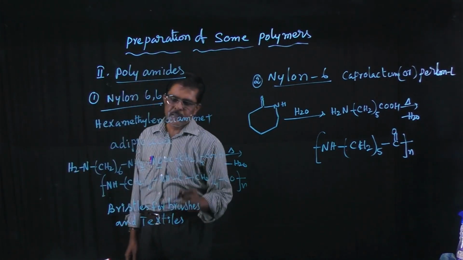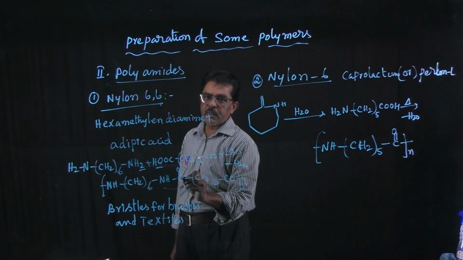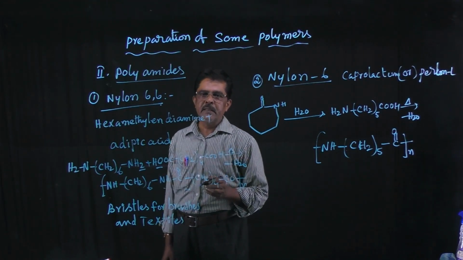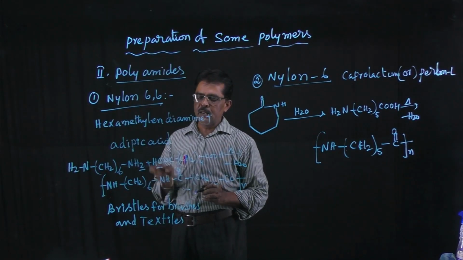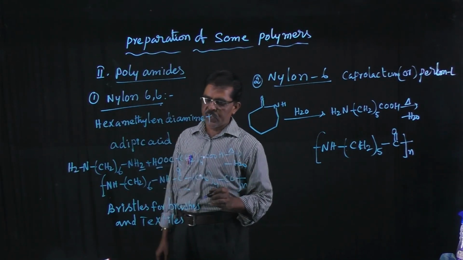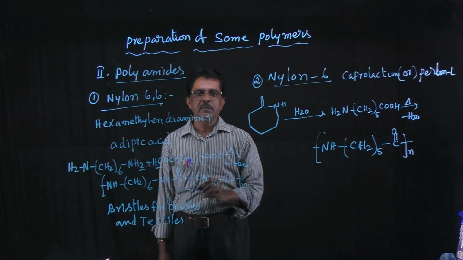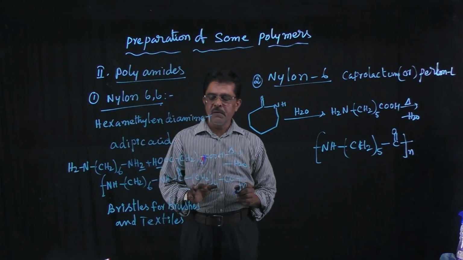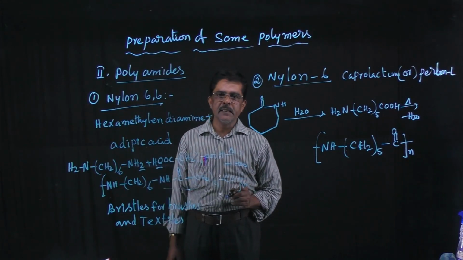This polymer consists of amide linkage. Amide bond means what? C double bond O, CONH is the amide. CONH is the amide. This nylon 6,6 is used for bristles in brushes and in the textile industry. We have to use nylon 6,6 for bristles in brushes and the textile industry.